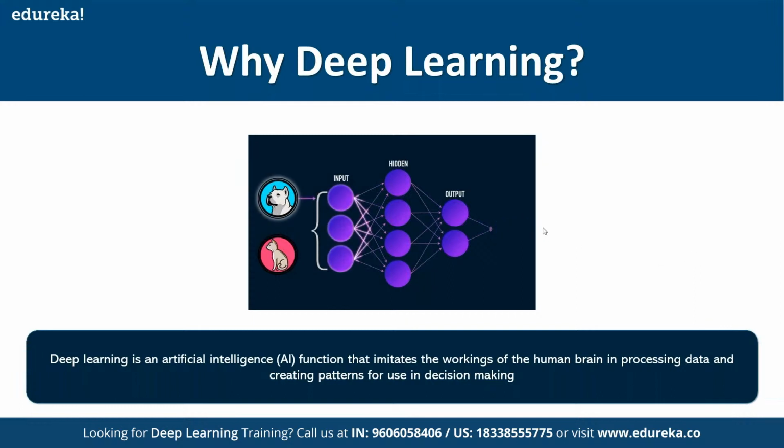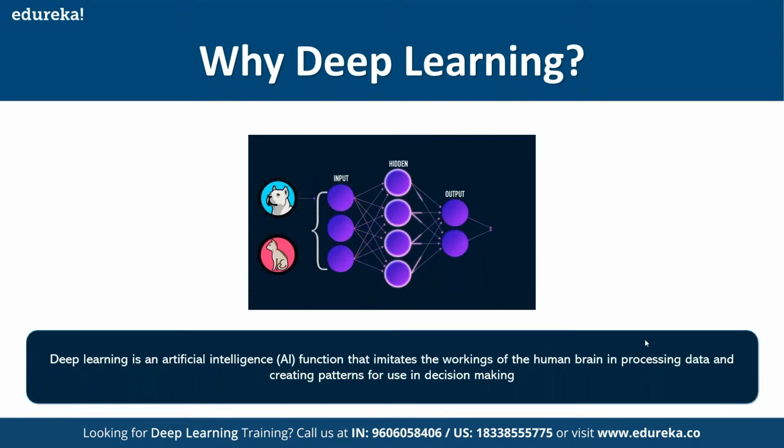The reason we have used this kind of structure is that deep learning was developed after the influence of, or because we wanted to imitate, the working of the human brain. We wanted a processing system which would mimic the way humans learn.